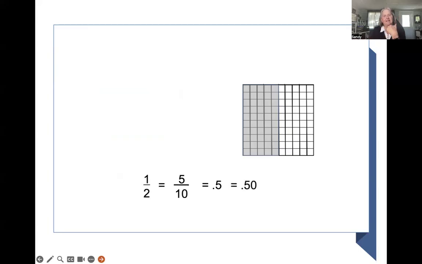So I can make that connection, that your child understands that 5/10 is equivalent to 50 hundredths, shades in the same size pieces, but we use smaller pieces to make that equivalent amount. So it's not that it doesn't matter. It does, because it changes the size of the pieces we use.